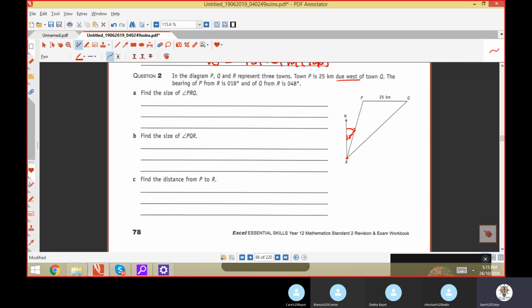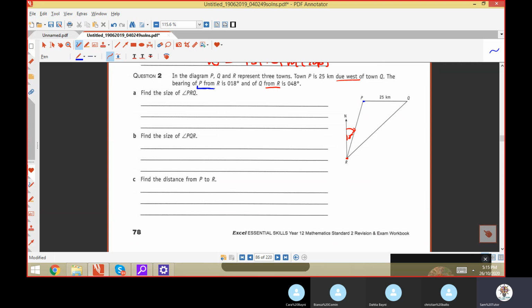And of Q from R, it is 048 degrees. That this angle here in blue, because it says the town of P from R. So you're looking at P from R, it's 18.